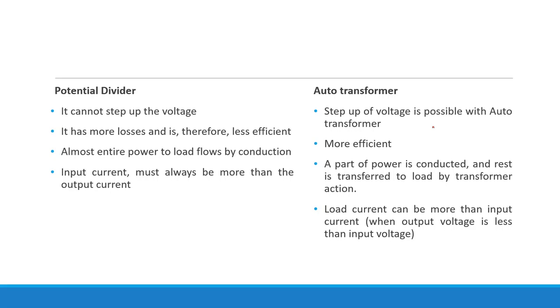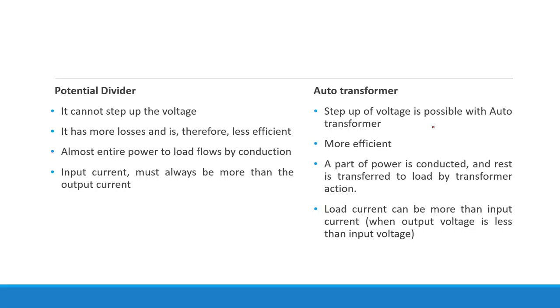In a potential divider, the input current is always more than the output current. But this is not the case in an auto transformer. The load current can be more than the input current. This is possible when the output voltage is less than the input voltage.